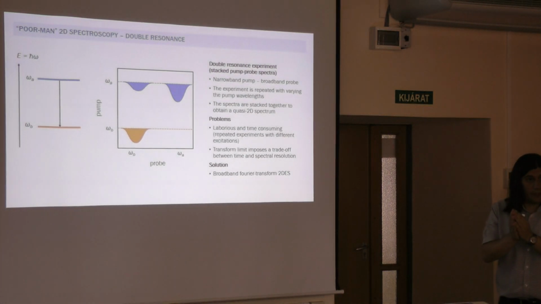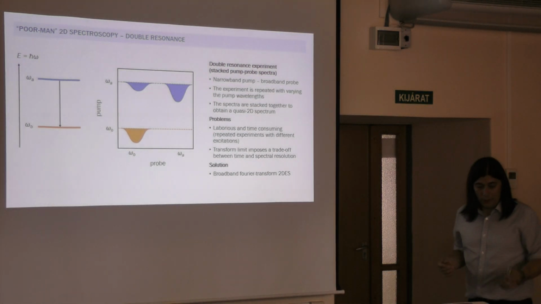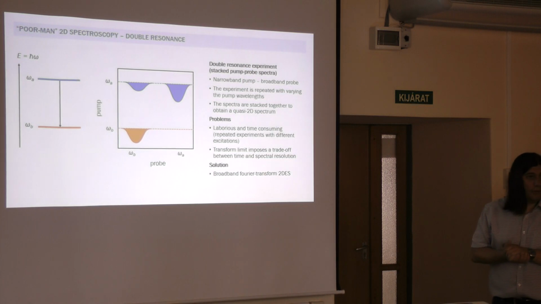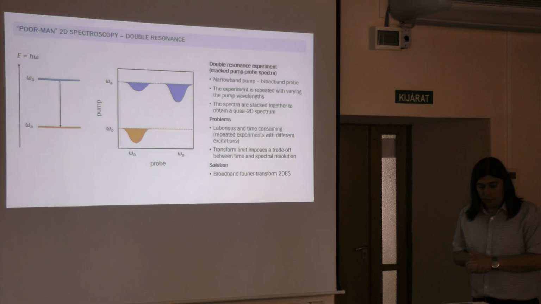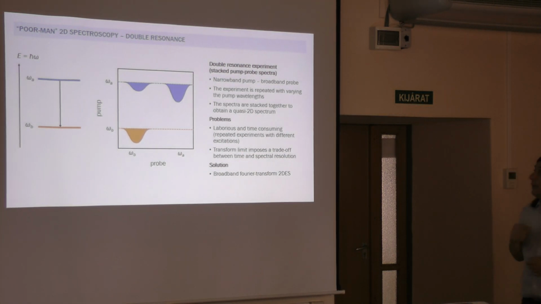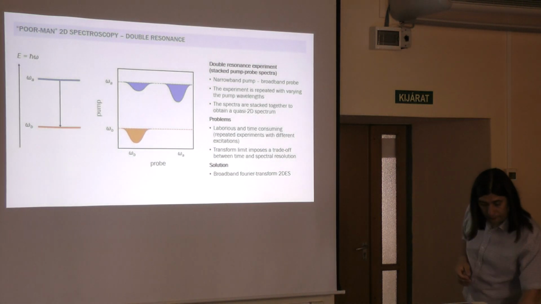What I'm trying to say is, if we have narrowband pulses, it means they are broad in time, right? So we lose time resolution. Or if we have broad pulses, then we cannot make them narrow in frequency. So if we want to measure very fast processes, we cannot do that simply.